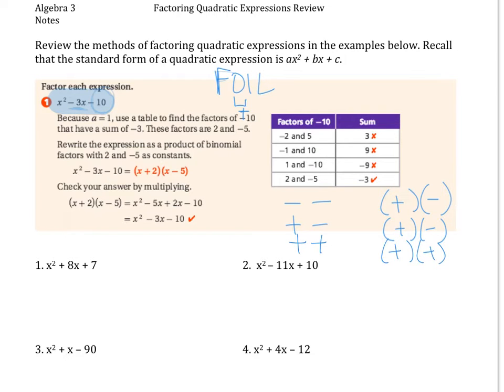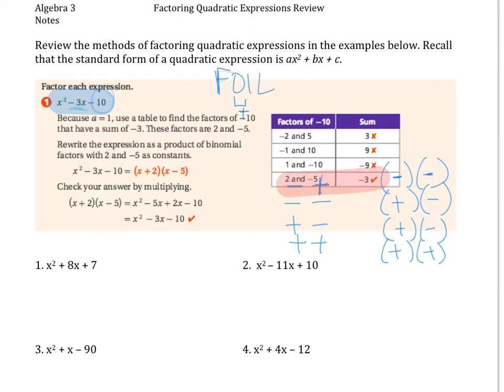And if you have a minus plus, that up here, then this is two minuses. This first case and the last case are where you would take your factors and truly add them together.